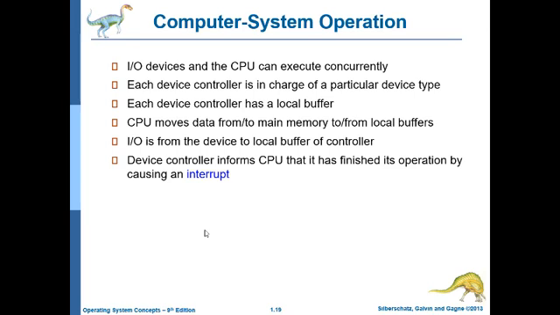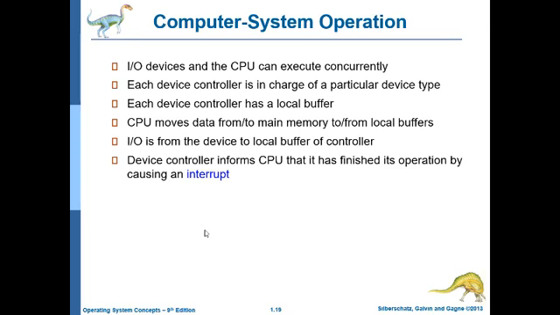Why do we need buffer? Because without buffer, let's say there is a hard disk which wants to copy something to RAM, it will take time because the device is very slow. So what the device will do, it will copy the thing to the buffer first, and from the buffer it will go to RAM quickly.